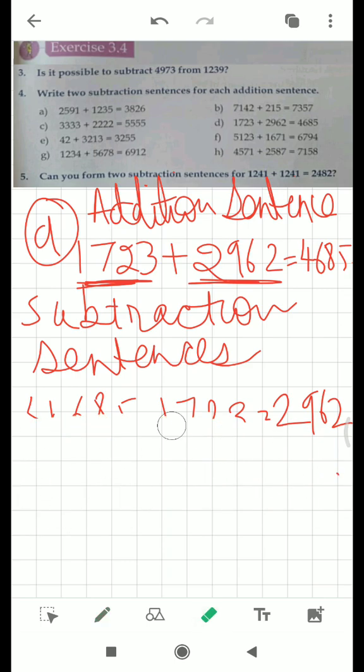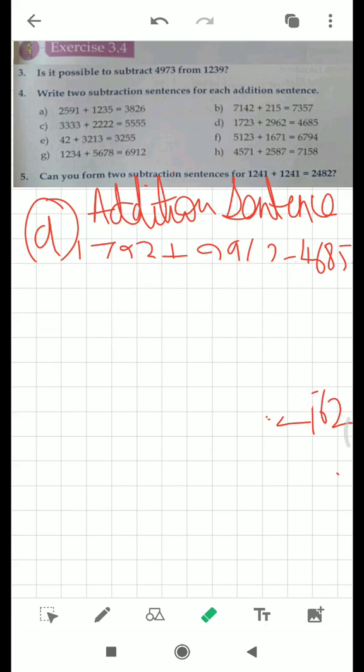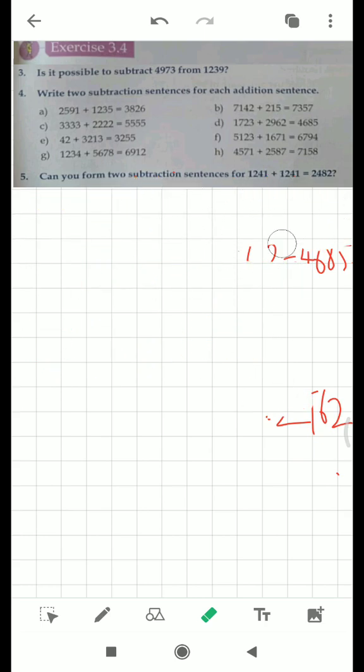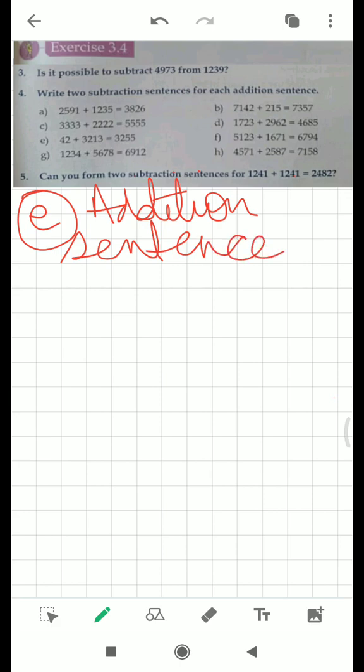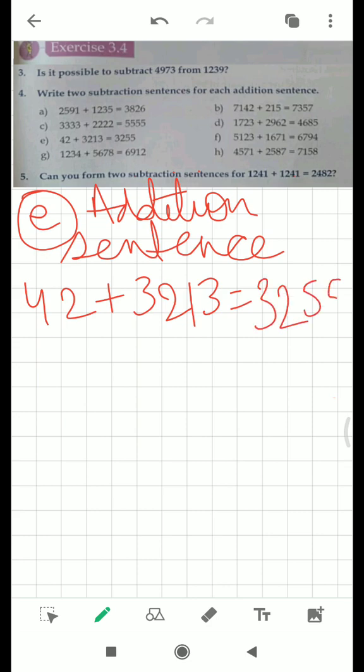E part. Addition sentence, 42 plus 3,213 equals 3,255.